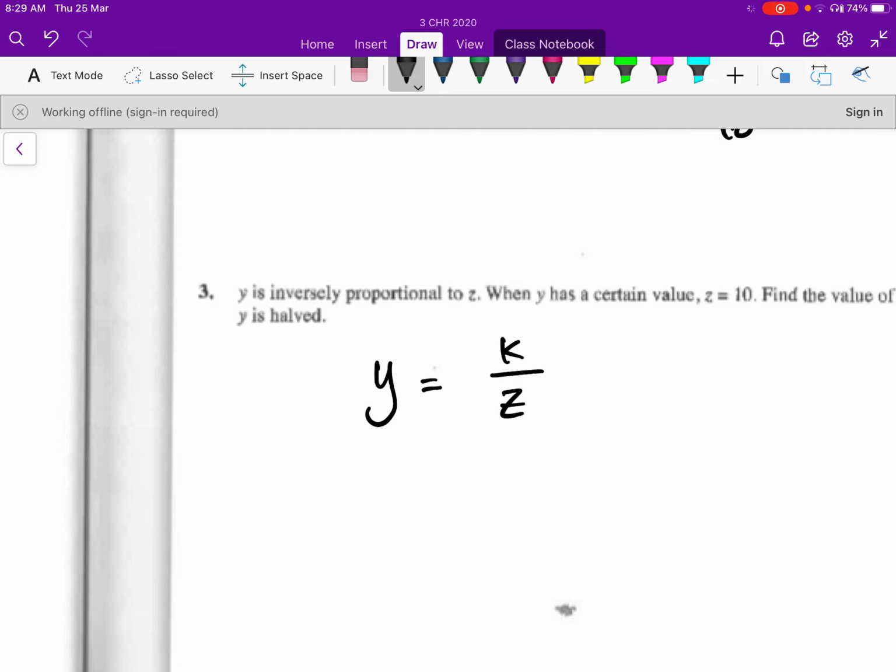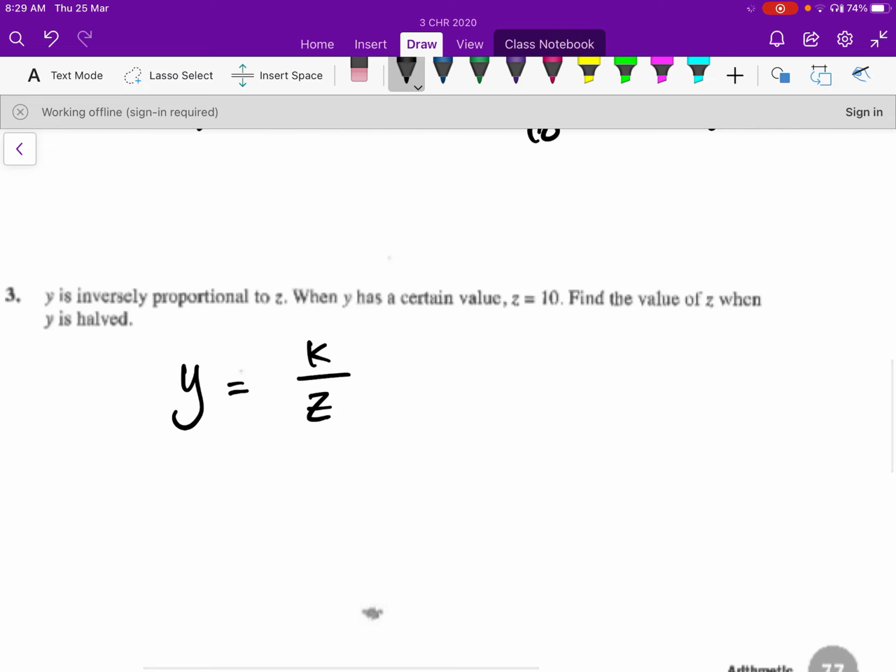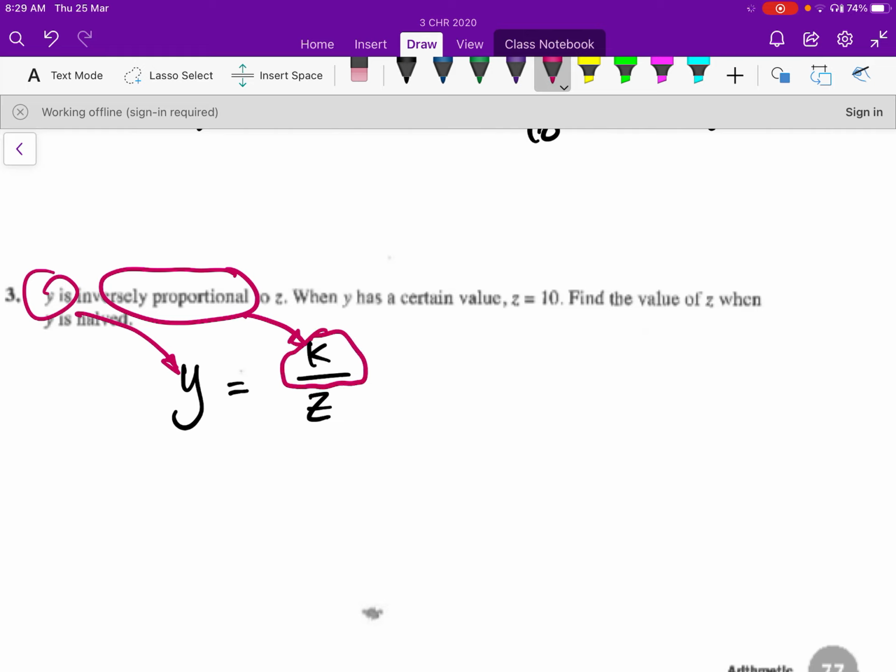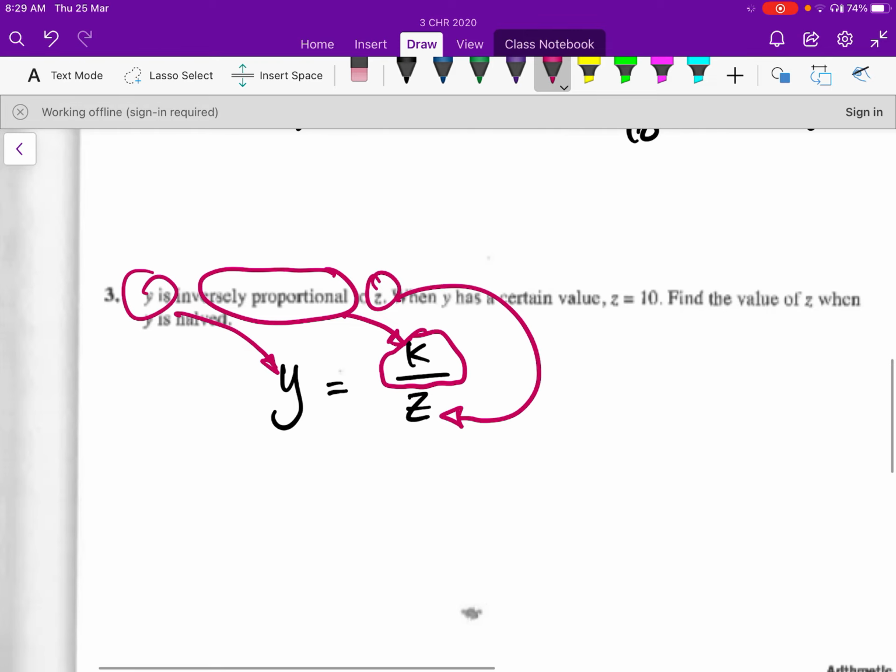Y is inversely proportional to Z. Y equals to K over Z. One way. This means Y is inversely proportional, this part, and then Z is at the bottom lah. Y is inversely proportional to Z.